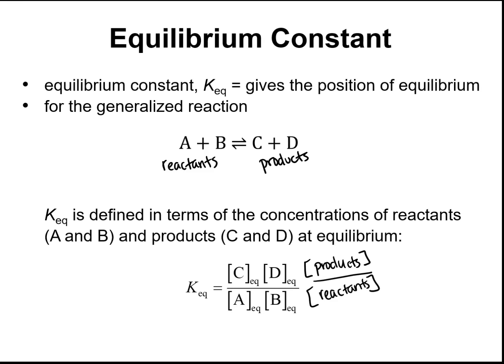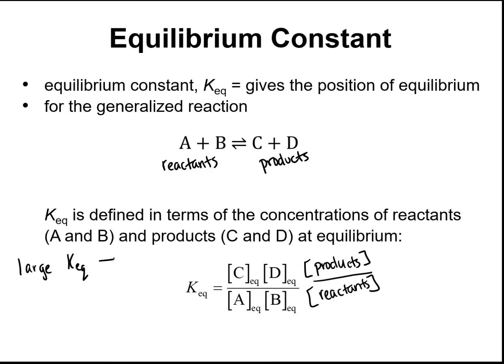And what we look at here is the product of the concentrations. So we care about the concentration. Always, always, always. And what you can determine from this is, let's say that you have a really large Keq.